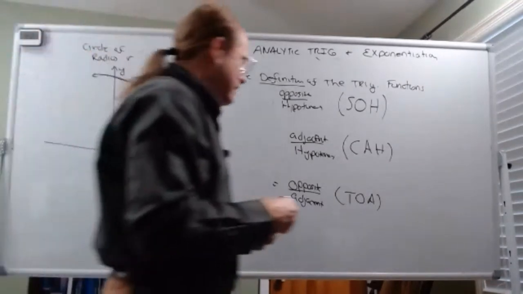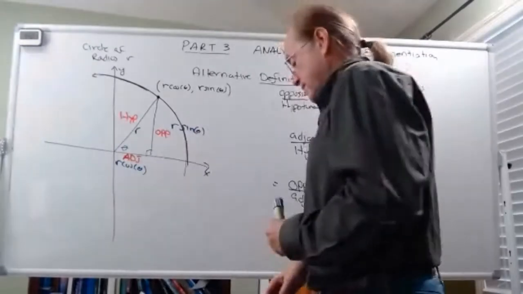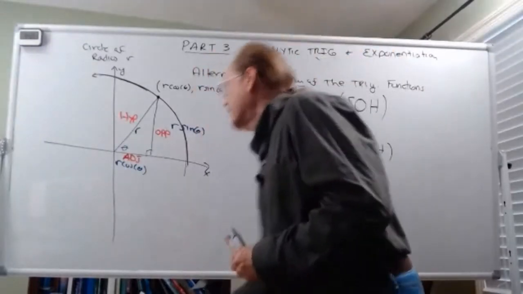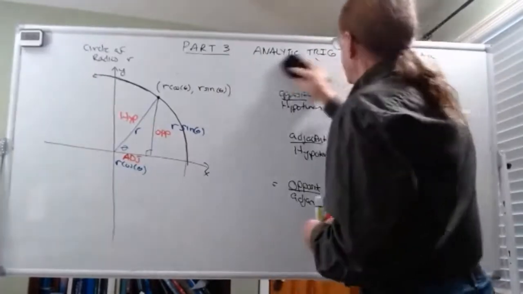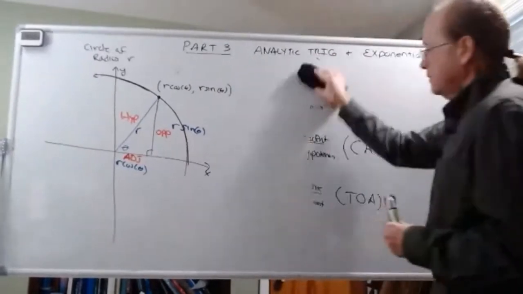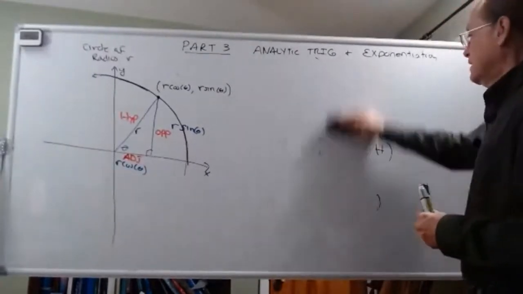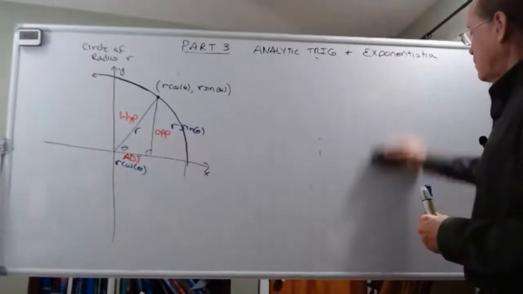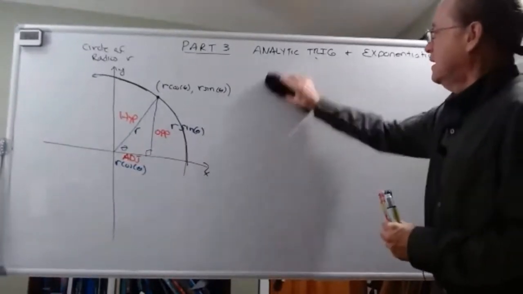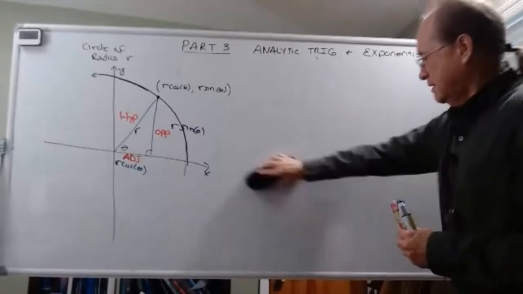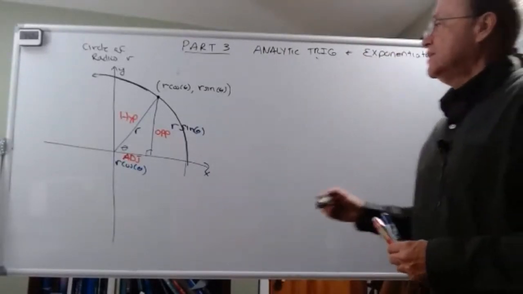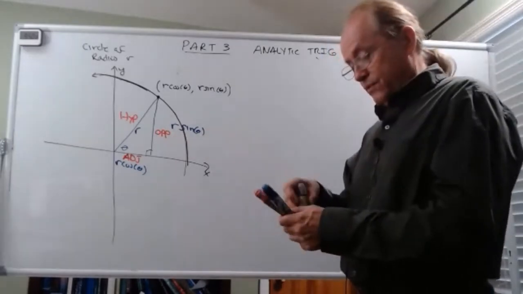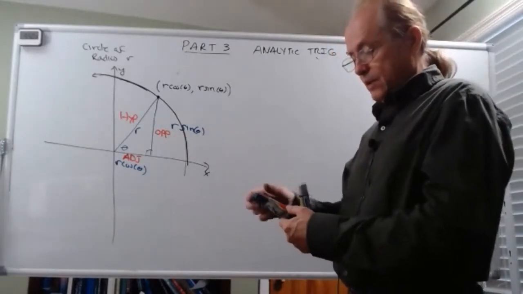Now let's show that they give you the same definition. So again, let's take a look at that. We're just confirming that those definitions are equivalent. So let's do our definition.